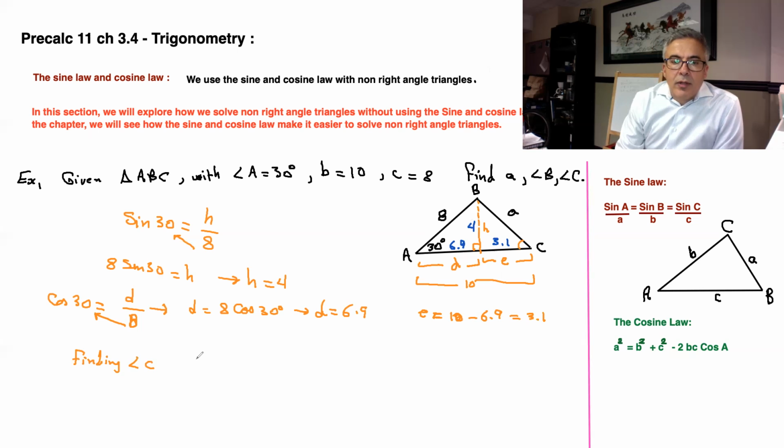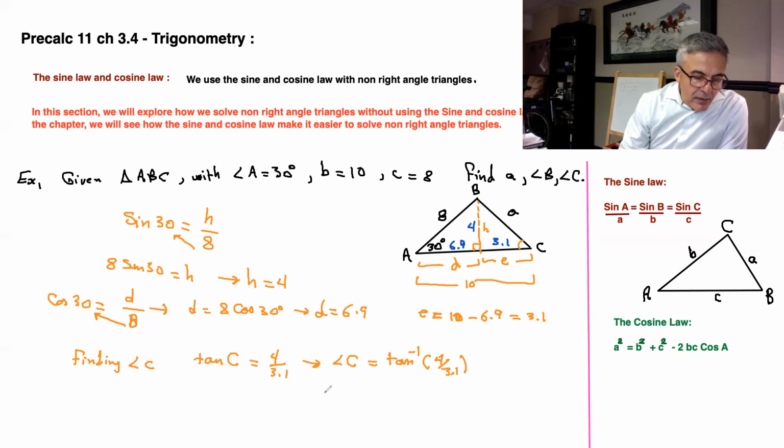So I'm going to go tan C equals 4 over 3.1. And therefore angle C would be inverse tan of 4 divided by 3.1. So if you go to your calculator and find angle C that way, it will give you angle C equals 52.5.